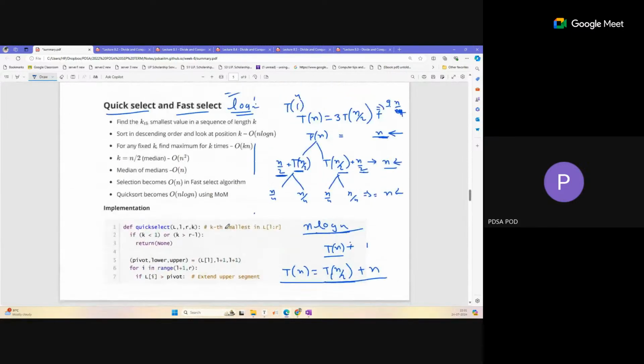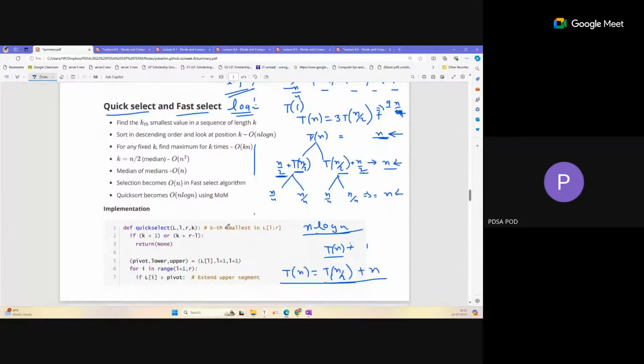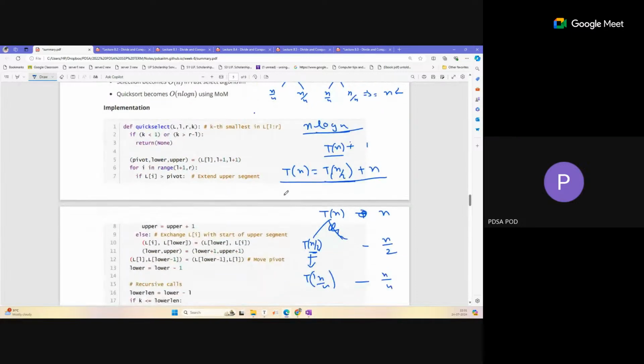Quick select is actually very close to quick sort. We will do the same thing: select a pivot element.